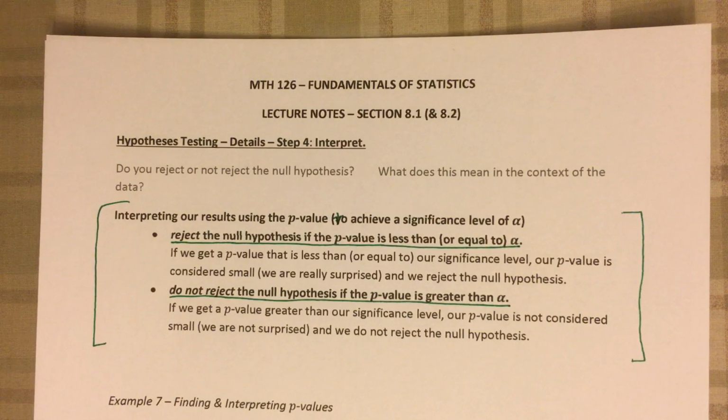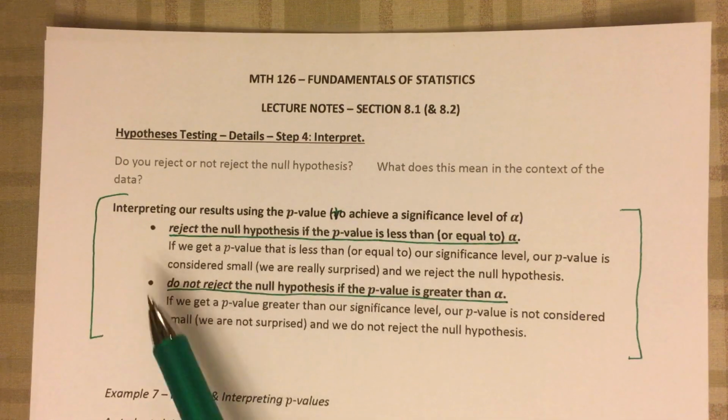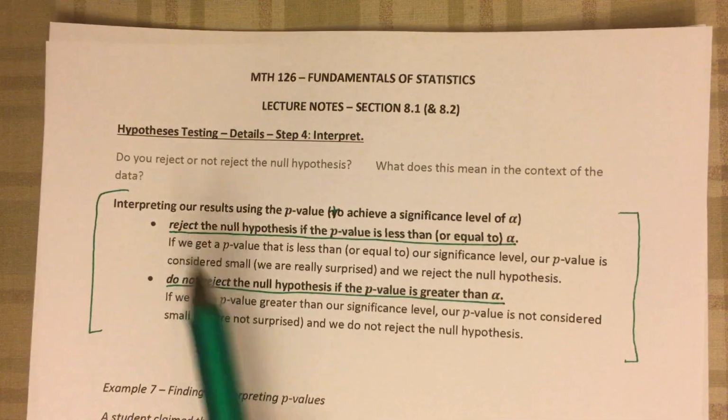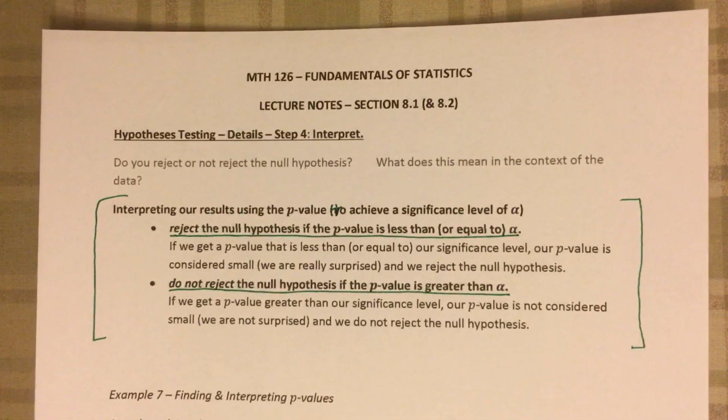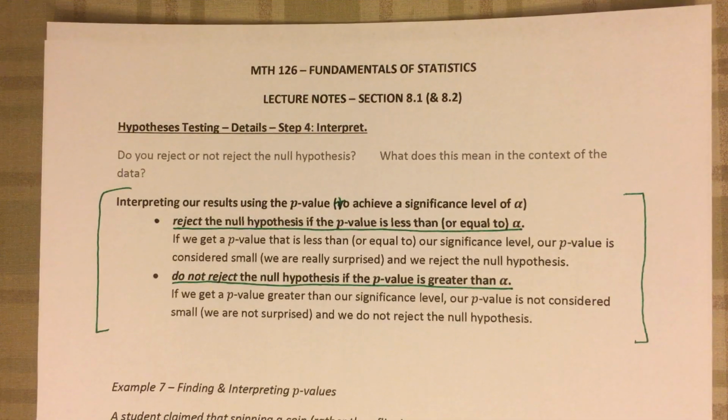Remember, the closer the p-value is to 0, right, if we're thinking of a significance level of 5%, if our p-value is less than 5%, then we're going to reject our null hypothesis. P-values close to 0 mean we're surprised. If we have very large p-values, we're going to be way larger than our significance level. So if that's the case, we're not surprised. So we are not going to reject our null hypothesis.